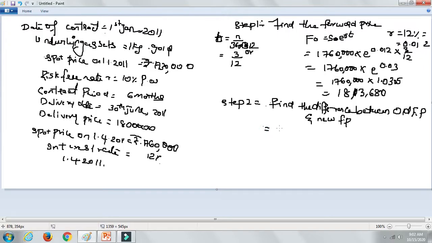So it will be nothing but F old minus F new. So 18 lakhs 13,680 minus 18 lakhs. So it will come to 13,680. Now what is the next step? This is the difference. This is the second step.